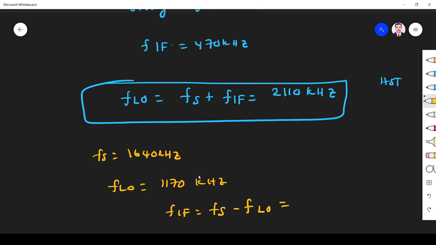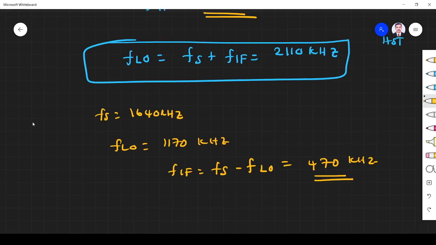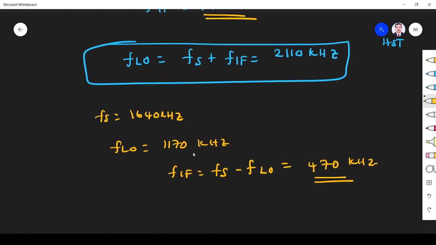We studied this in the superheterodyne receiver. So this also produces the same 470 kilohertz. To produce the same intermediate frequency, here also 470 kilohertz, if I tune the local oscillator to the low side, 1170 kilohertz, I get the same 470 kilohertz.